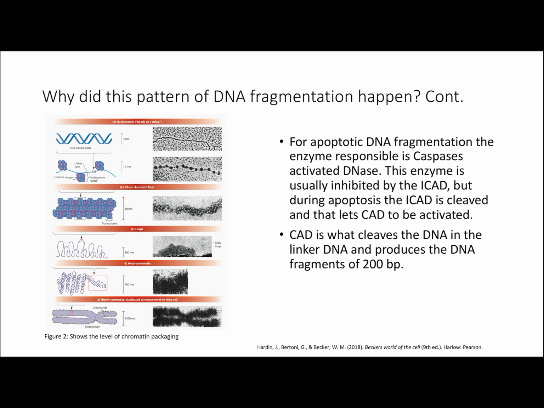But during apoptosis, the ICAD is cleaved, and because that's cleaved, it allows the caspase activated DNase, the CAD, to be activated. The CAD is what cleaves the linker DNA, which is causing this DNA fragmentation, and why it produces the DNA fragments at about 200 BPs.